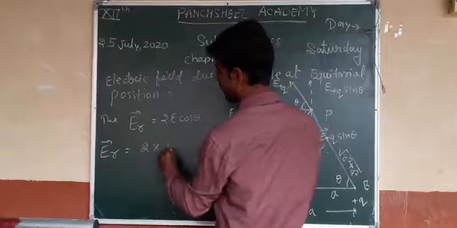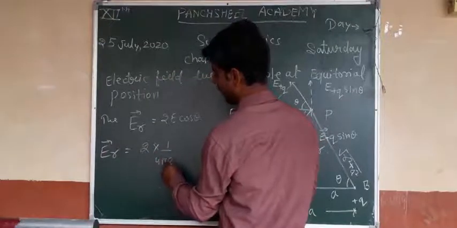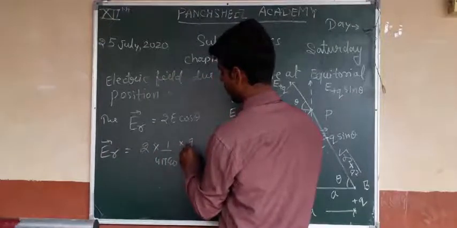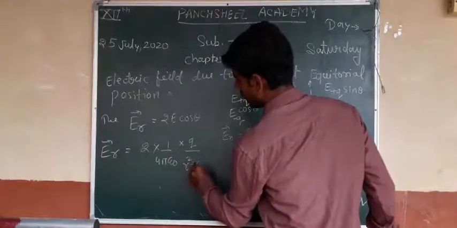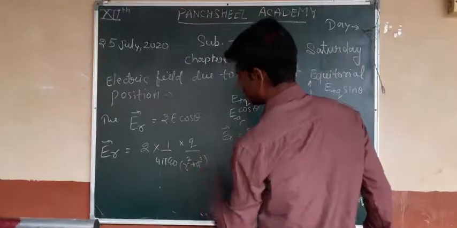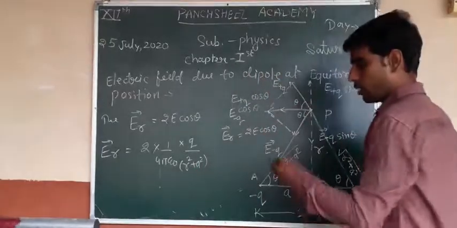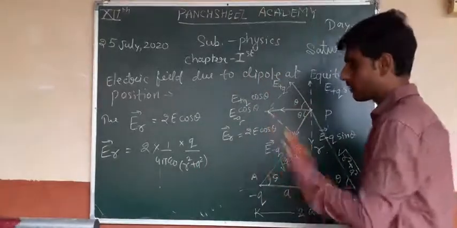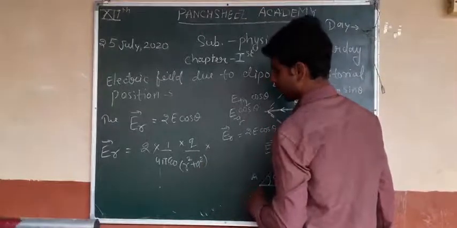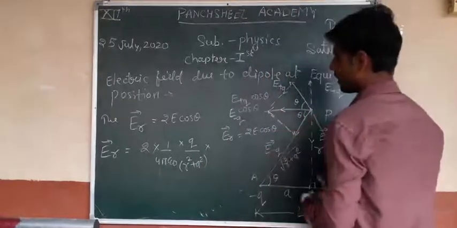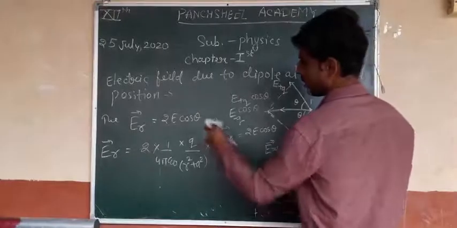What is E? 1 upon 4 pi epsilon naught into Q upon R square plus A square. Okay, and the root is cancelled because the power is 1 by 2. And now what is cos theta?